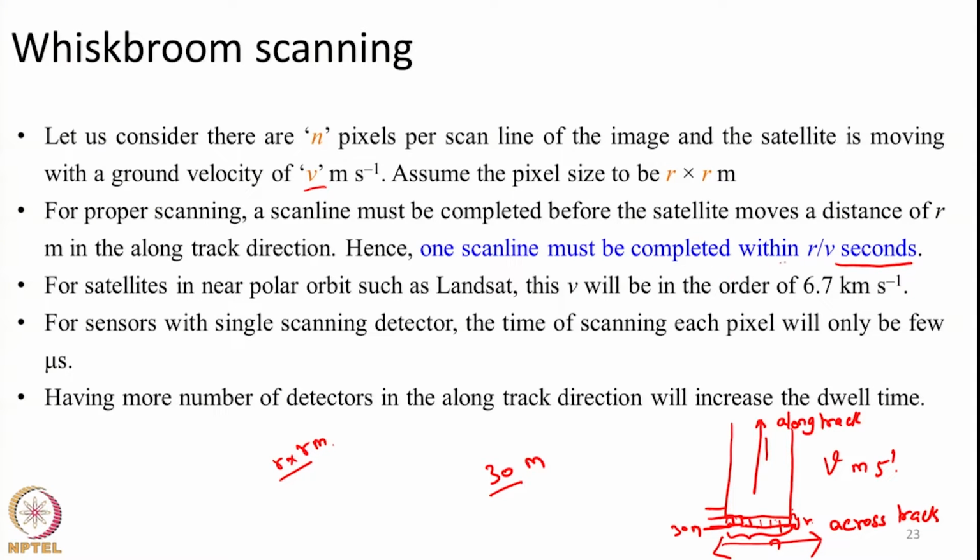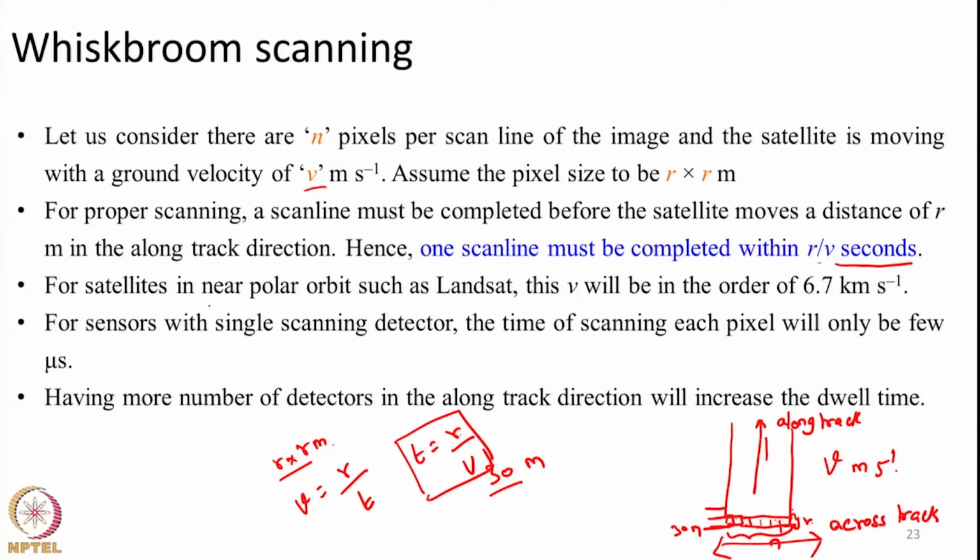One scan line must be completed within r by v seconds, since velocity is equal to distance by time. The distance to be covered is r, so time is equal to r by v seconds. Within this r by v seconds, the scan line must be completed.